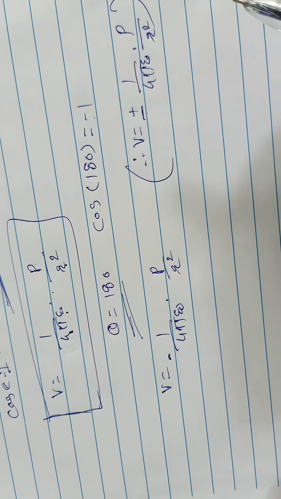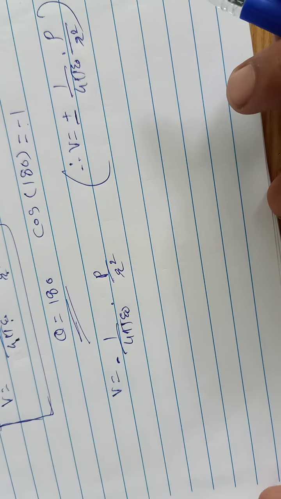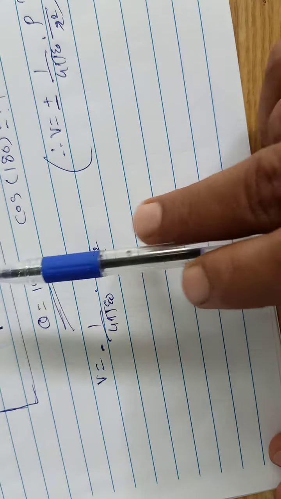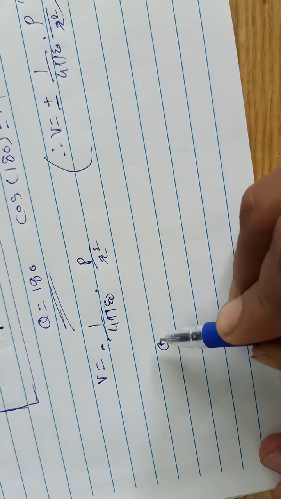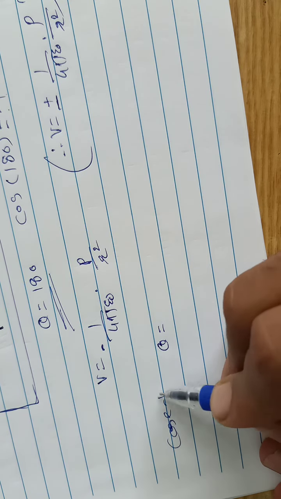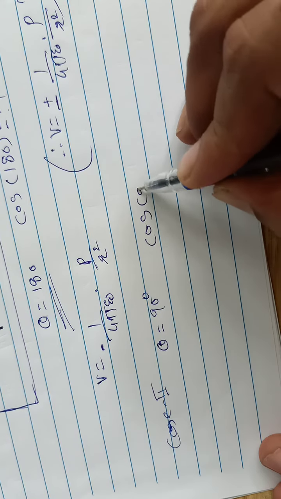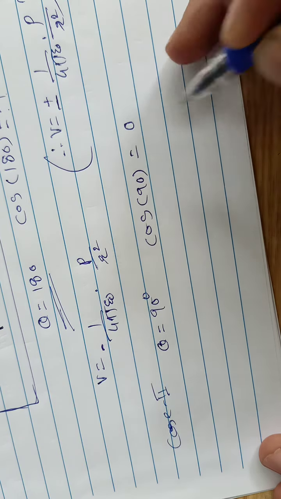Suppose we have theta which is 90 degrees. In the second case, theta is nothing but 90 degrees. We know that cos 90 is nothing but 0.